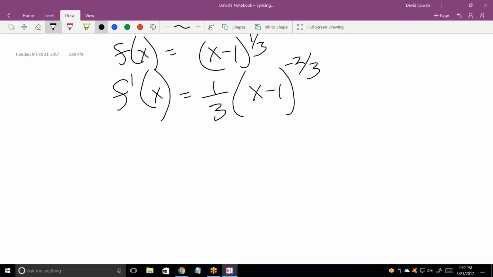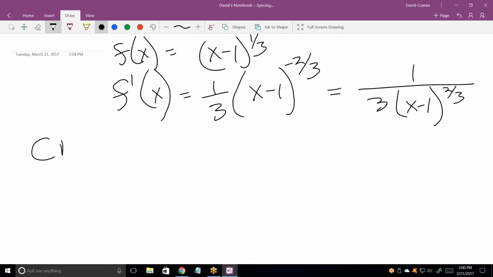Okay. Let's put that with a positive denominator. So, 1 over x minus 1 to the 2/3. Yeah, that's all the negative exponent means, is that I'm going to take the reciprocal of it.